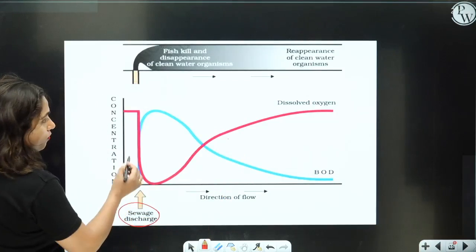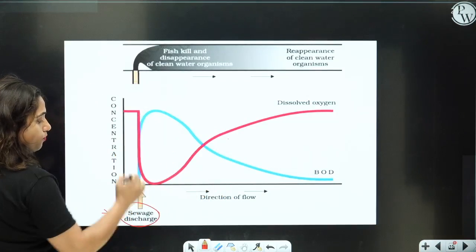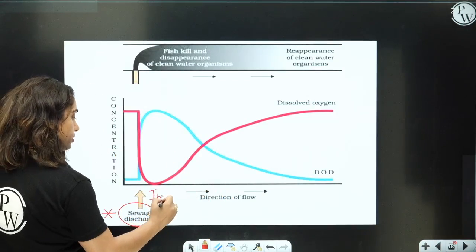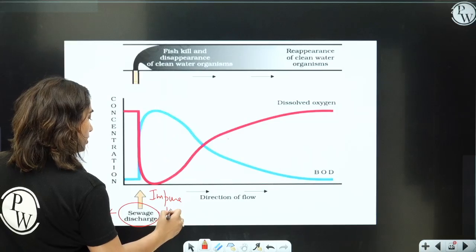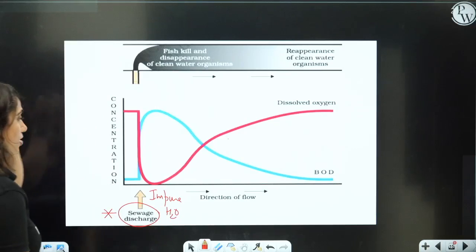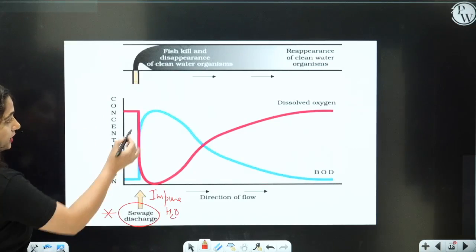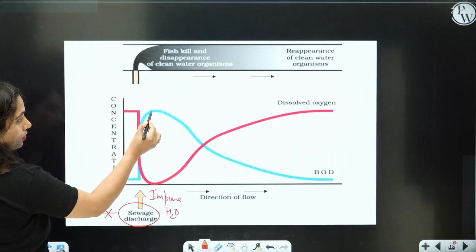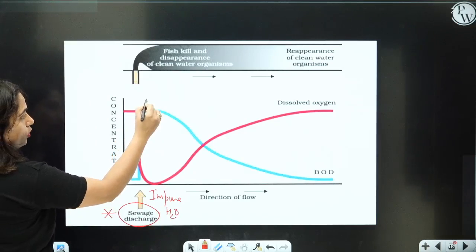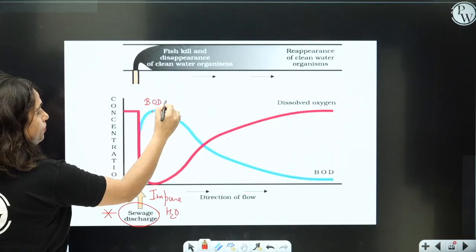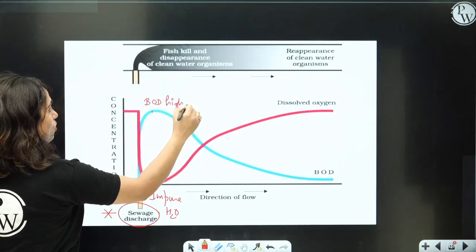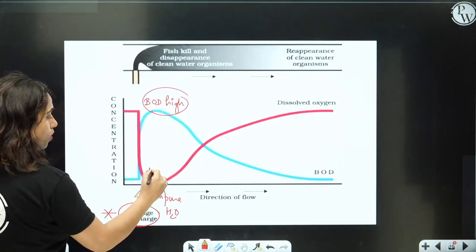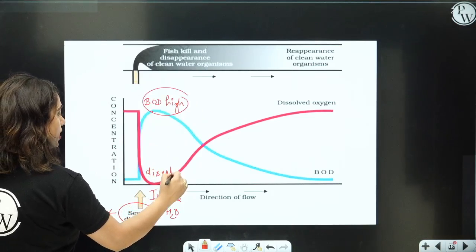So when we are moving, this is impure water here. You can see here, beta, that this is showing the BOD. The BOD is so high over here and the dissolved oxygen in the water is less.